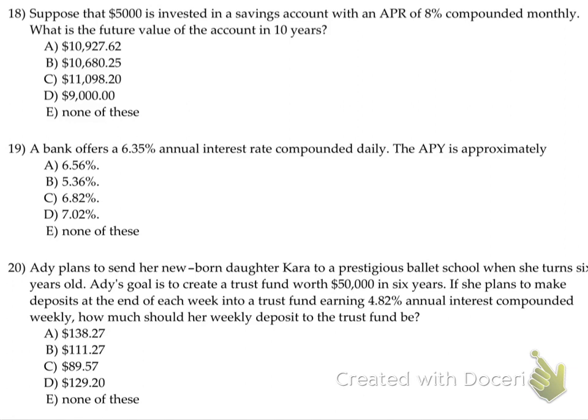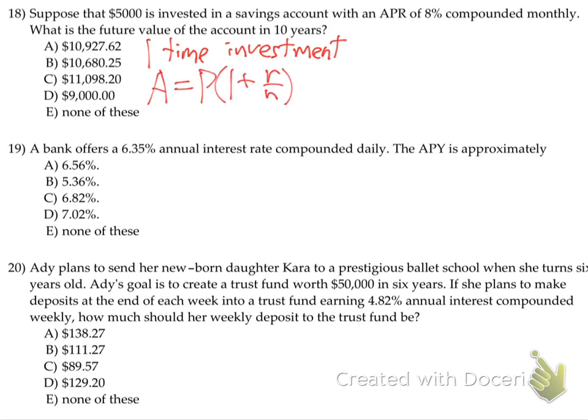So you know it's a compound interest formula again. One-time investment. So it's A equals P, 1 plus R over N to the NT.